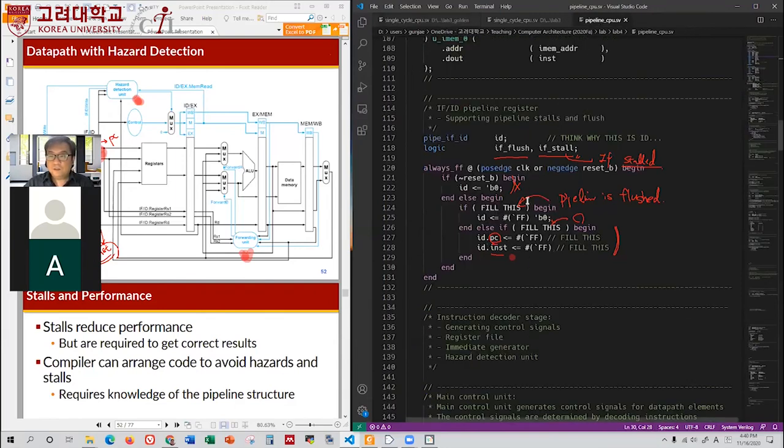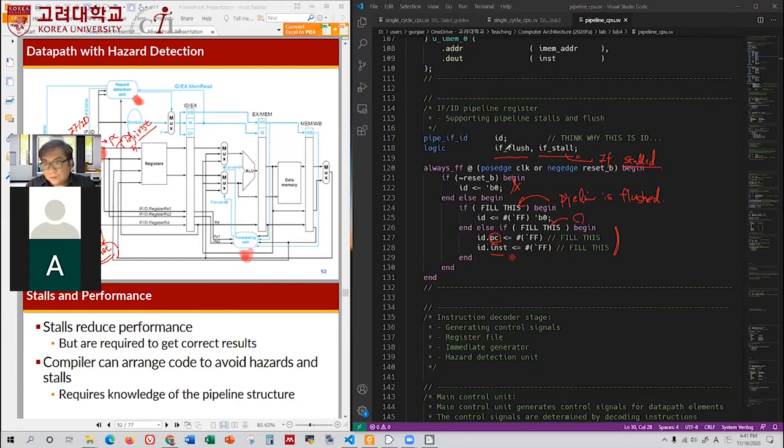But what is different? The output of the instruction memory is this signal, the inst. But this signal is called the instruction in this figure, and it is the output of the IF/ID pipeline register. And this signal is actually id.inst. That means this is the inst signal in the ID stage.